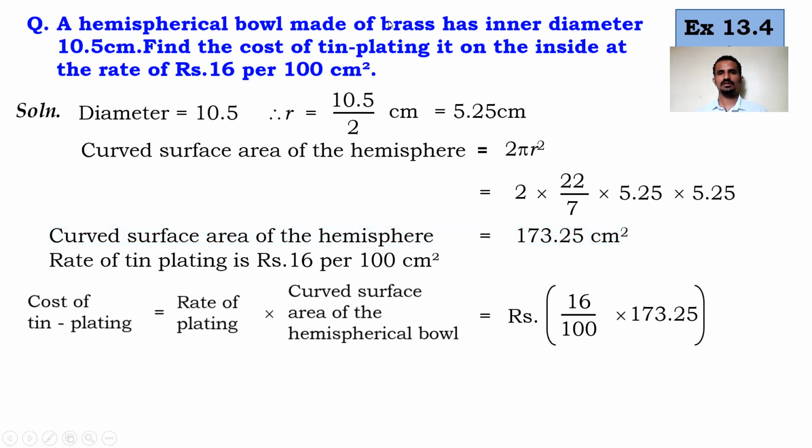What we will do in this case is we'll multiply 16 into 173.25. Whatever multiplication we get, we'll divide it by 100. That means we'll shift the decimal. So first we multiply 16 into 173.25.